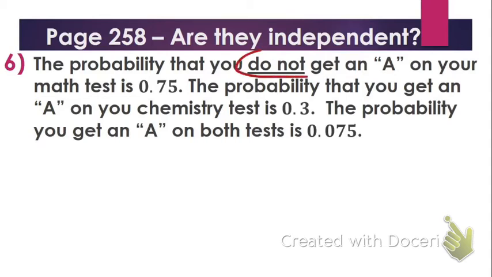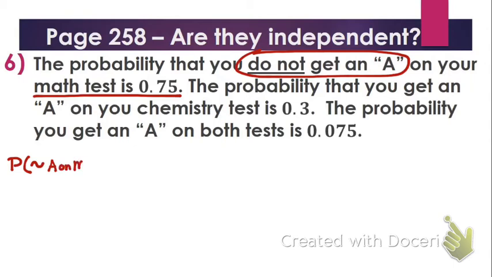That you do not get an A on your math test. So if I was going to use probability notation, I would say probability of not A on math is equal to 0.75. So let's think on the bright side. It's 0.75 that you don't get an A. So what's the probability that you do get an A? 25%.